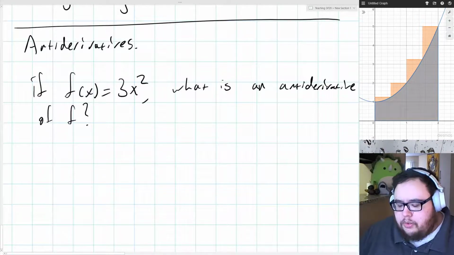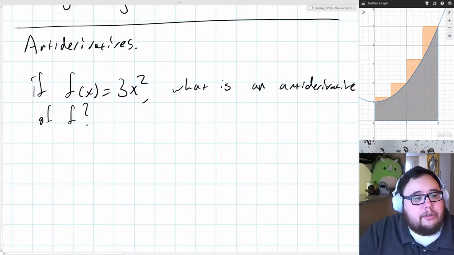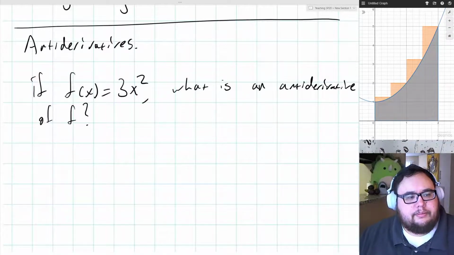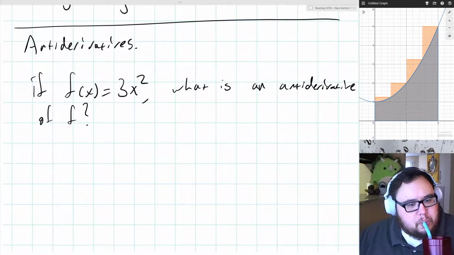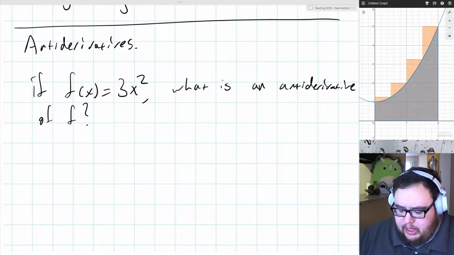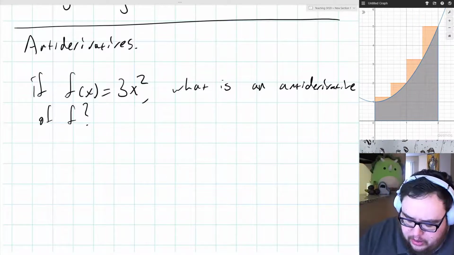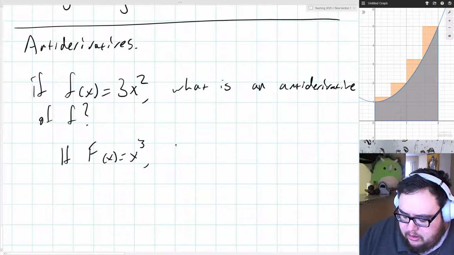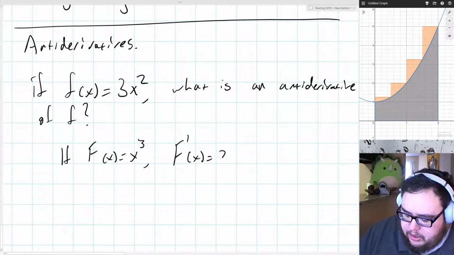So what function could we take the derivative of to get 3x squared? X to the third. Yeah, x cubed, right? So if big F of x equals x cubed, then big F prime of x is equal to 3x squared.